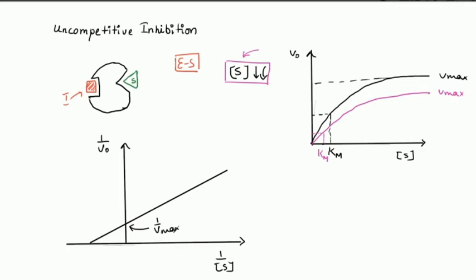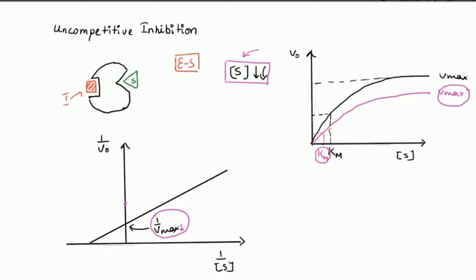In the inhibition one, the Km is also reducing, as well as the Vmax. If the Vmax is reducing, then 1 by Vmax as a whole should increase, just like the non-competitive one. So it should go somewhere over here.